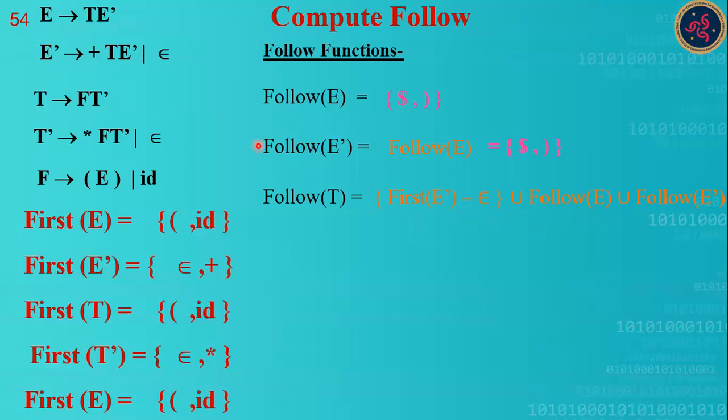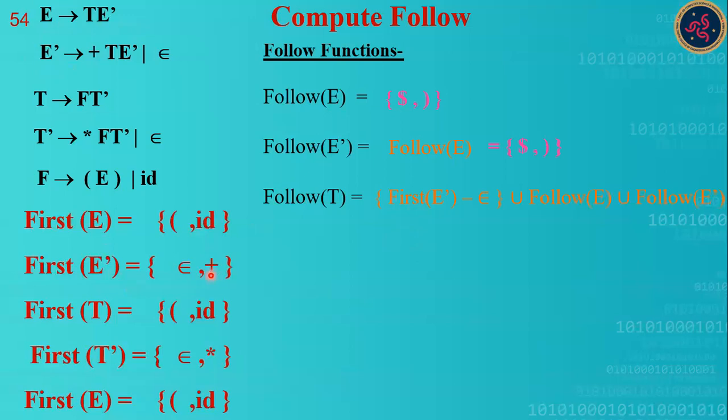If the symbol that follows is a non-terminal, then you have to apply the equation, that is first of that symbol minus epsilon union the follow of this LHS. So here, what is first of E prime? Epsilon and plus symbol.